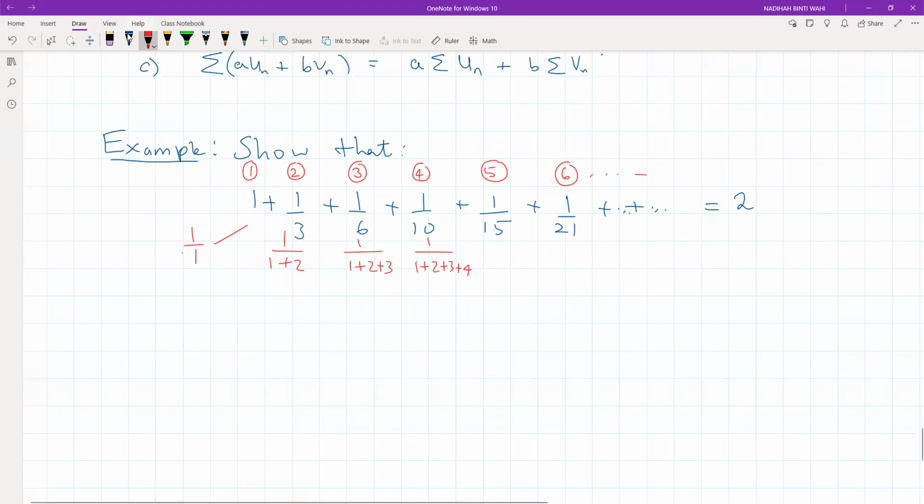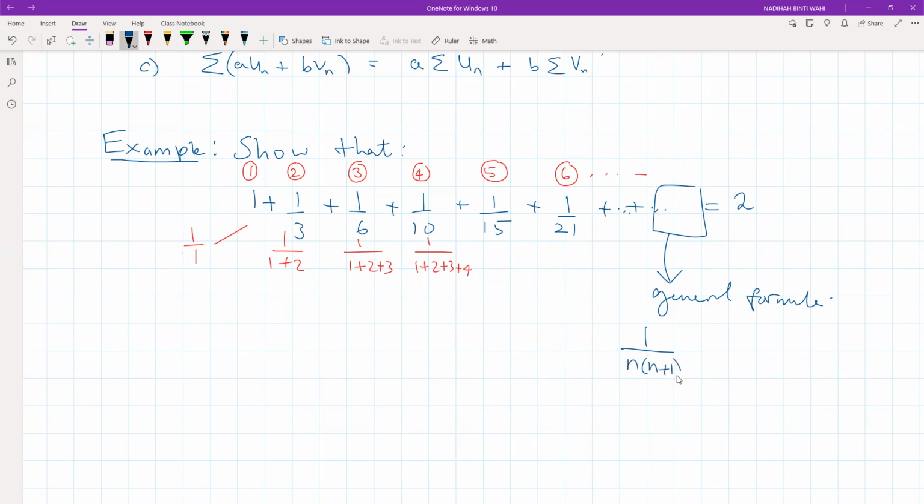So you can see the general formula. The general formula will be 1 over n times n plus 1, divided by 2.